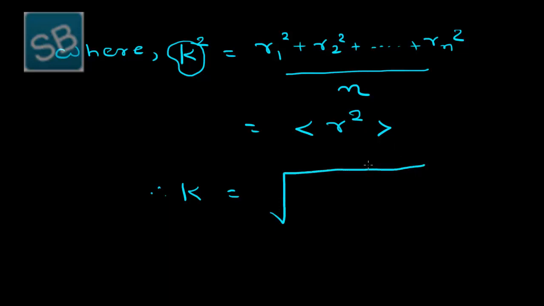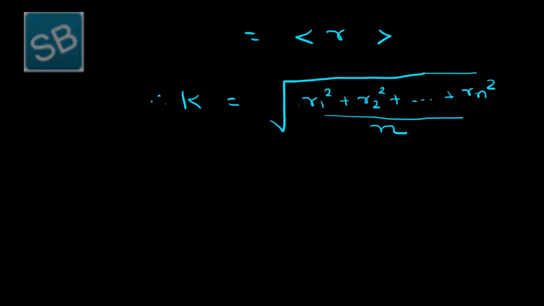So k is equal to the square root of r1 square plus r2 square plus so on rn square divided by small n. Thus, k square shows the mean value of the square of the position vector.